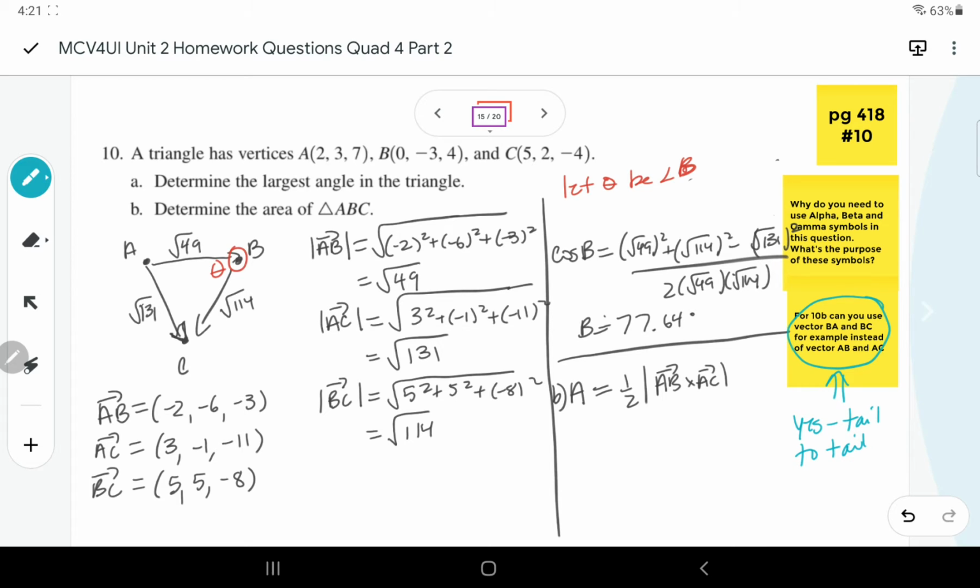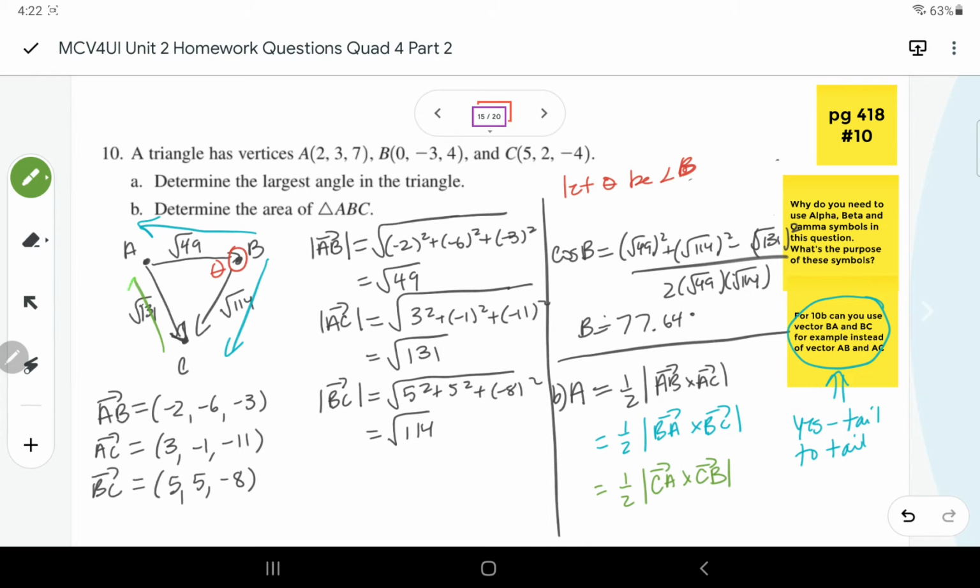So my example had 1/2 AB cross AC. You could also do 1/2 the magnitude of BA cross BC, with vectors going from B, or you could do 1/2 the magnitude of CA cross CB.